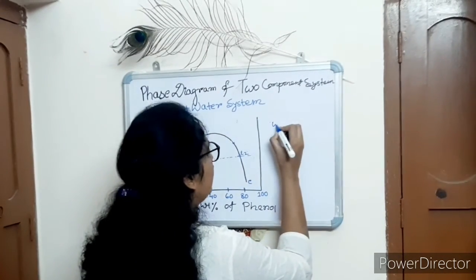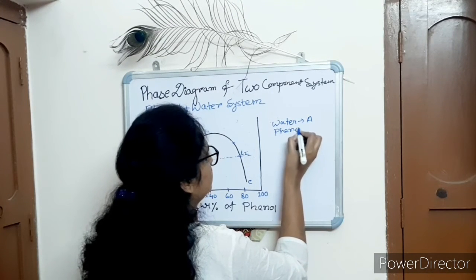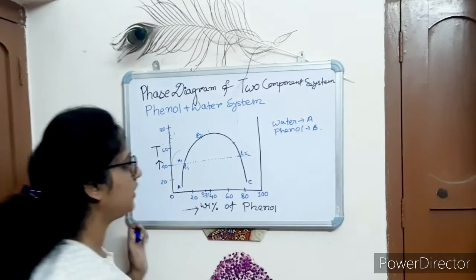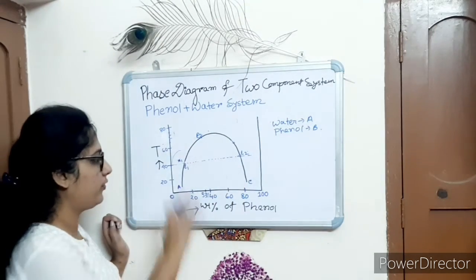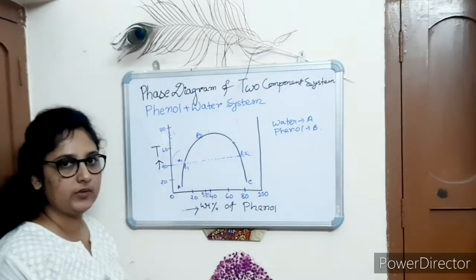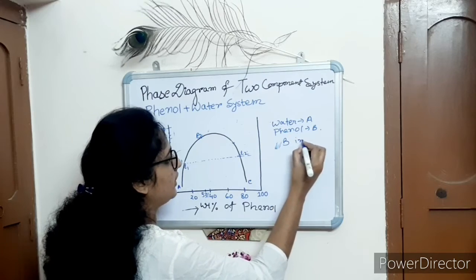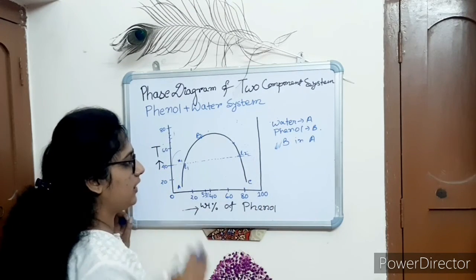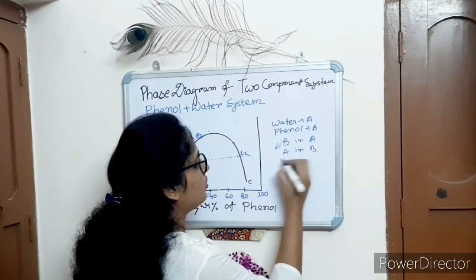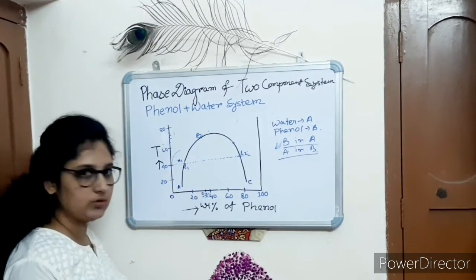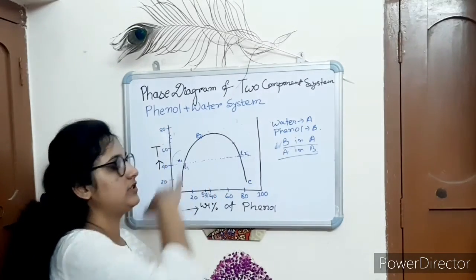If we take water as A and phenol as B, then this is the A rich portion and this is the B rich portion. When you add B in A, you can say the solution is B in A, and when you add water in the phenol system, you can say A in B. So these two solutions are actually conjugate solutions. Now this is the heterogeneous phase and this whole portion is the homogeneous phase.